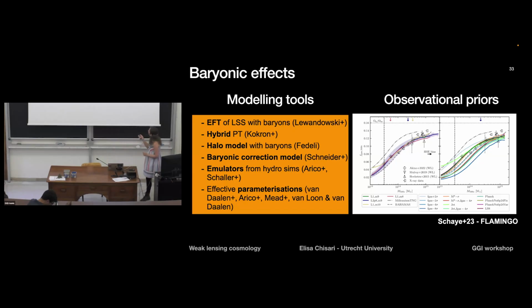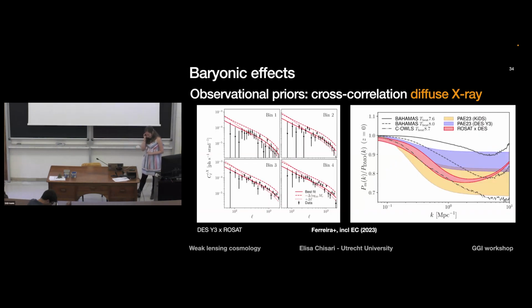So this is a compilation from the FLAMINGO simulation of what was used to calibrate the FLAMINGO simulation. And then they would consider variations on top of that. So all these curves are different variations of the FLAMINGO simulation to encompass the error bars that you have on this f_gas. So this is normally what you do. Okay, does it work?